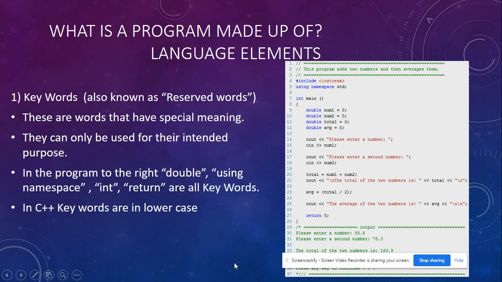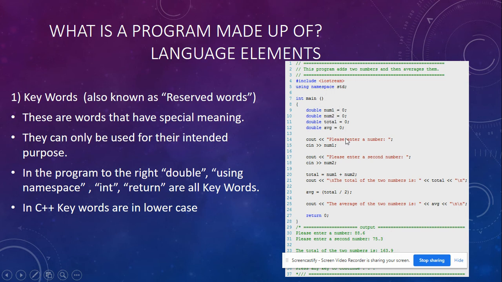All right, what is a program made up of? Language elements. Reserved words have special meaning. They can only be used for the intended purpose. You can't name something double, because double is a reserved word. Namespace is a reserved word.